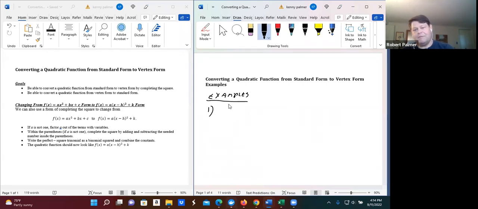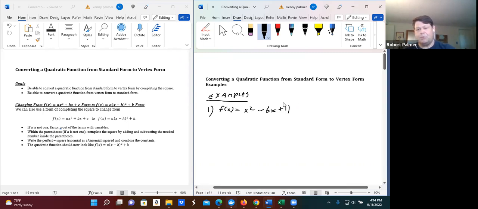Let's say our function is f of x equals x squared minus 6x plus 11. So this is certainly in standard form. And we want to convert it and make it look like this form.